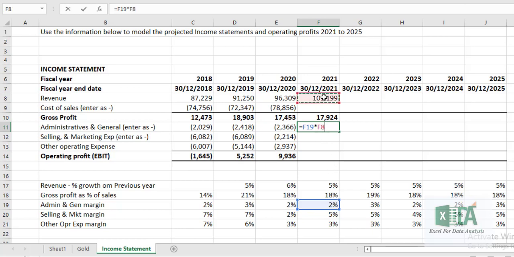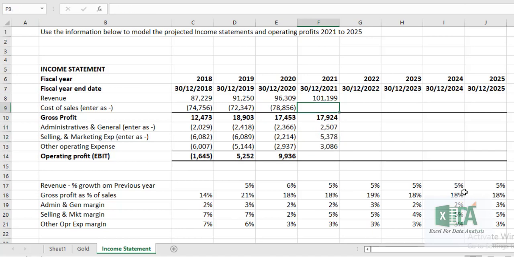So we don't want this to change, so we're going to use absolute reference for F. F will change, 8 will not change. So I'm going to fix the 8 here with the dollar sign. So we're going to use this and copy this down.